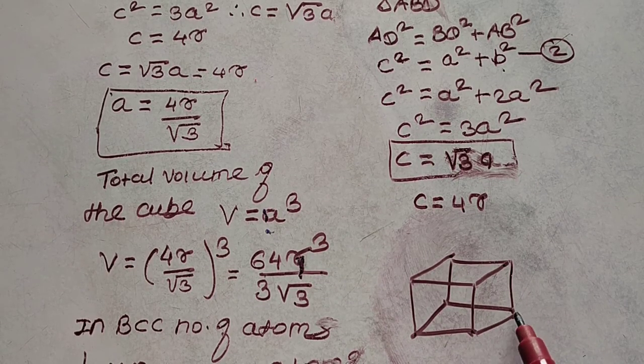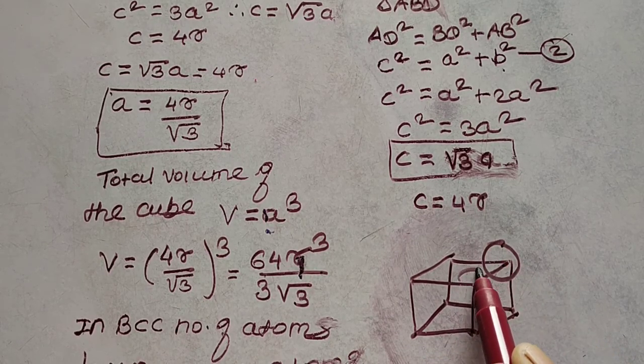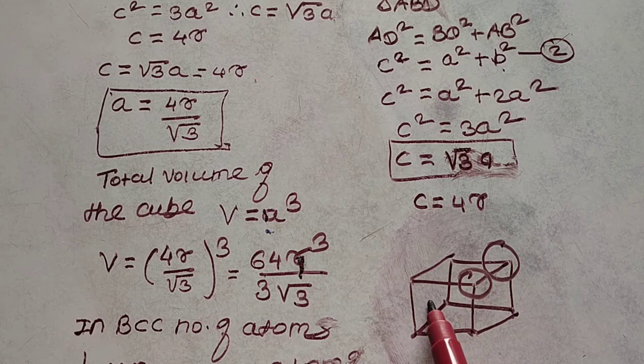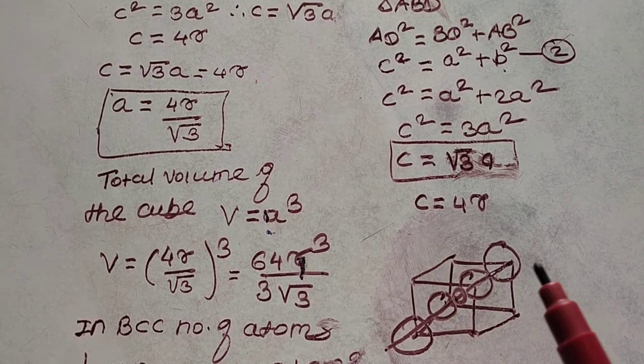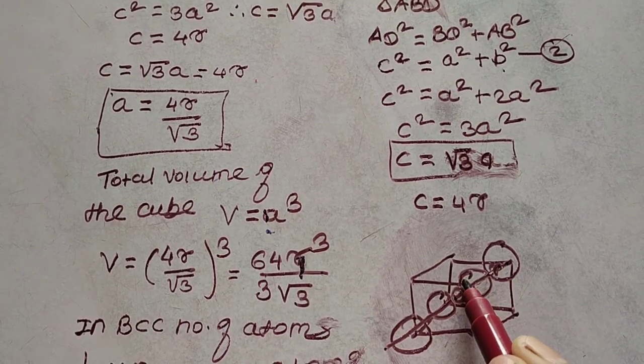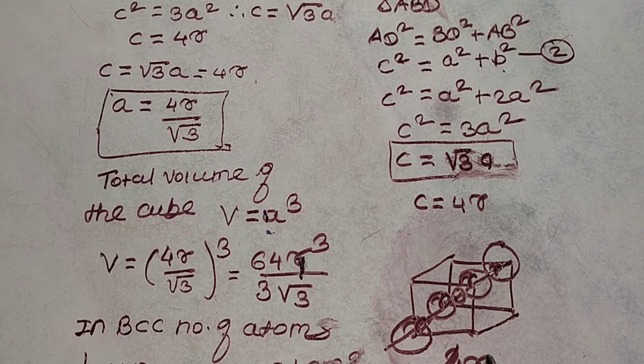I again explain. This is one atom, this is another atom, this is another atom, this is another atom. And I just draw one diagonal here and one atom present on the body center completely. So r, r, r and r, total how much? 4r.